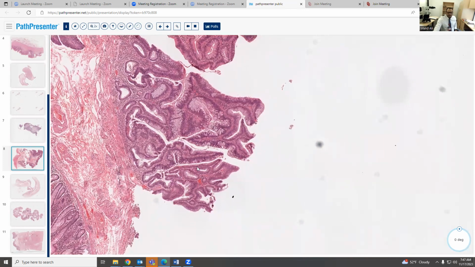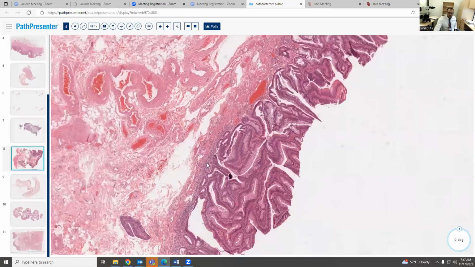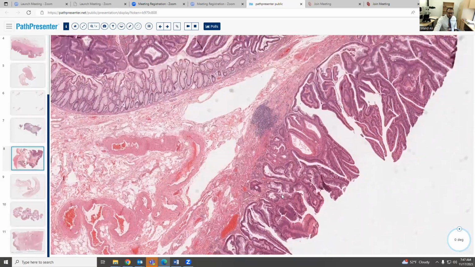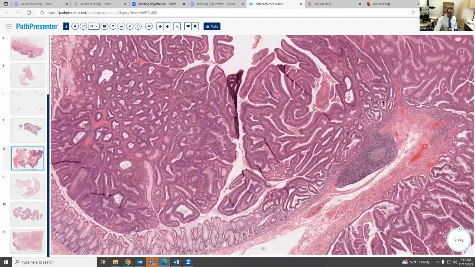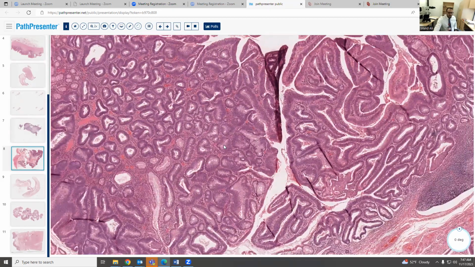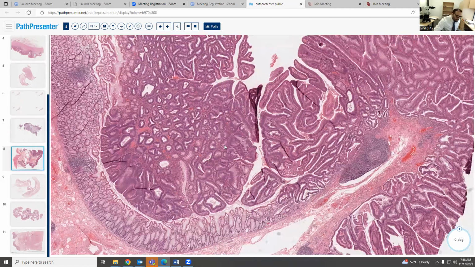In a tubulovillous adenoma we should see two components: the villous component, and here also is villous component, and then we see the tubular component here. And so there's a criteria for what percentage of villous component you should see to call it villous adenoma.